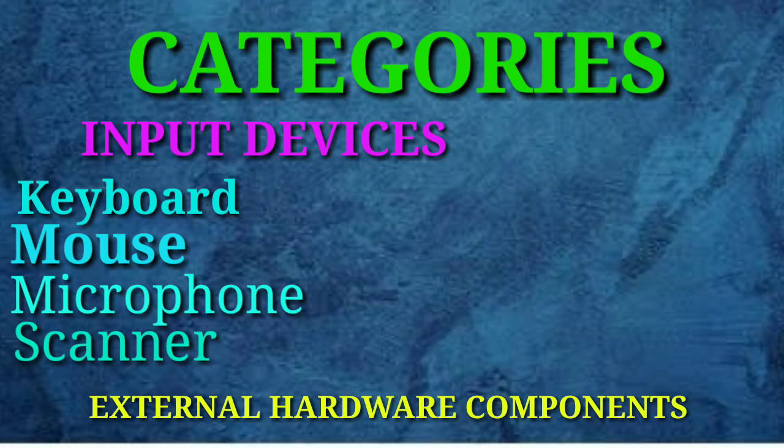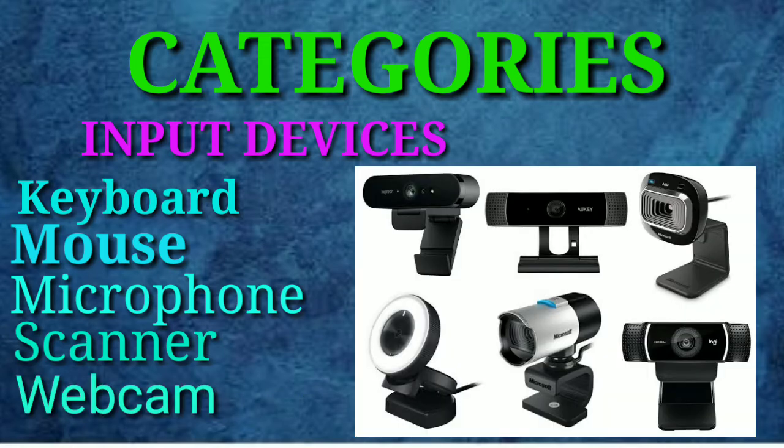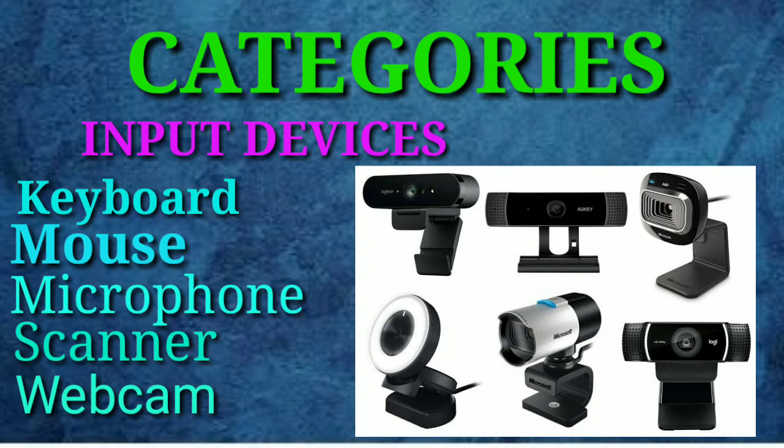Next input device is a webcam. A webcam is an input device because it captures a video image of the screen in front of it. It is either built in to the computer, as in a laptop, or it is connected through a USB cable. The video signal is made up of a series of individual image frames which are instant snapshots of the screen in front of it.